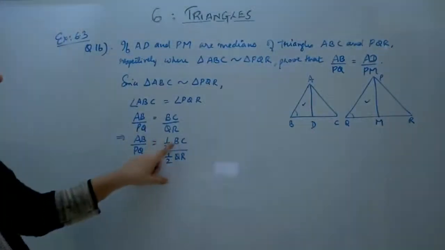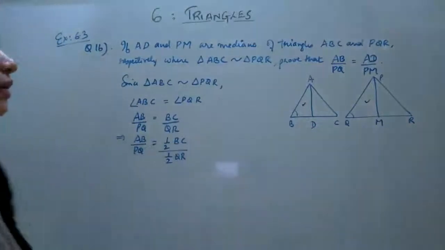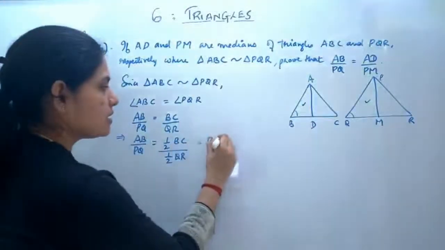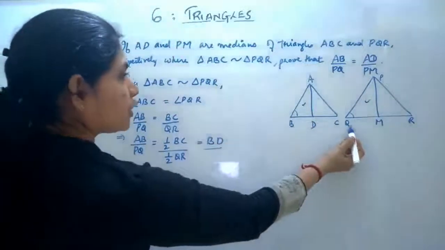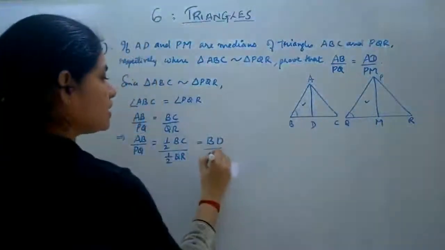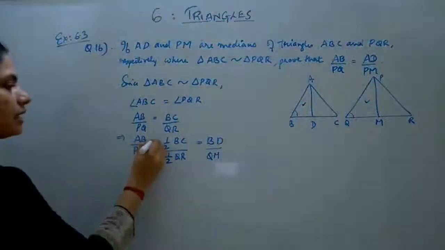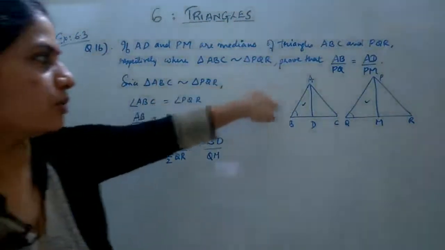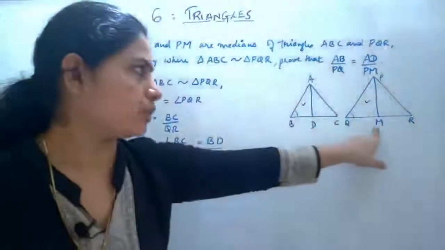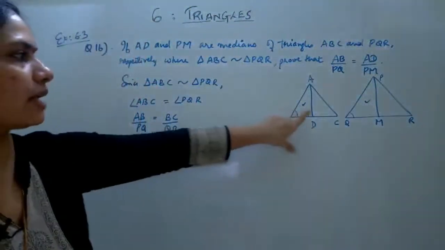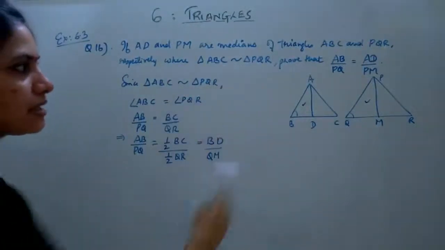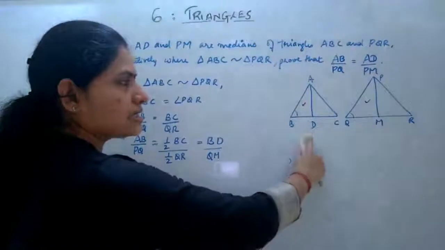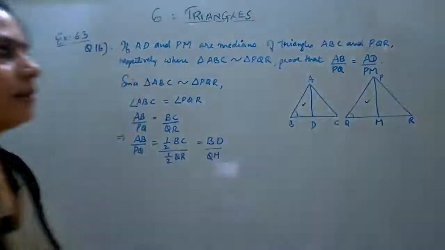So instead of half BC, I can write BD, right? Instead of half QR, I can write it as QM. So what I am getting is AB by PQ is equal to BD by QM, and already we have got that this angle is equal to this angle. So by SAS similarity, we can say that the two triangles, that is ABD, is similar to triangle PQM.